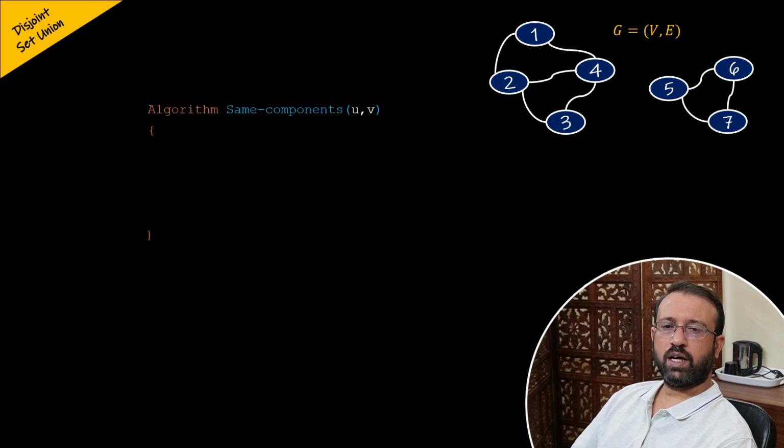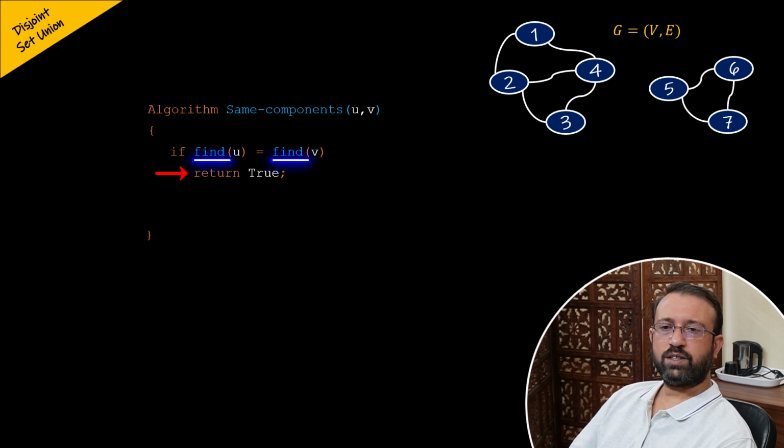We will call this algorithm sameComponents. This algorithm takes vertex u and vertex v as the parameters. Within the algorithm, we have an if statement with a call to the find function passing vertex u equal to a call to the find function passing vertex v. If the find function returns the same root, then we will return true.